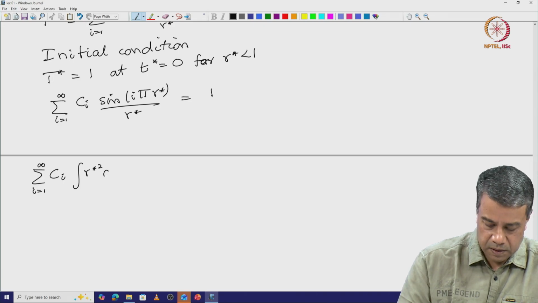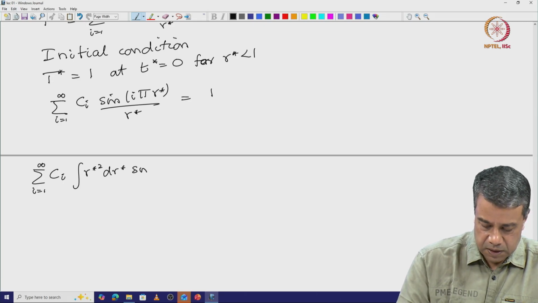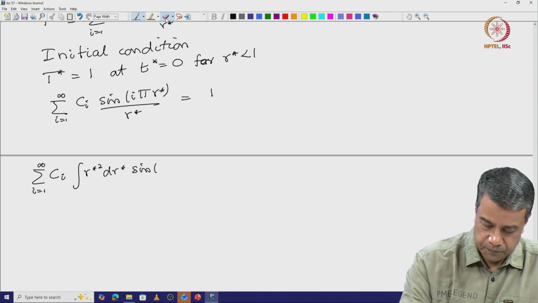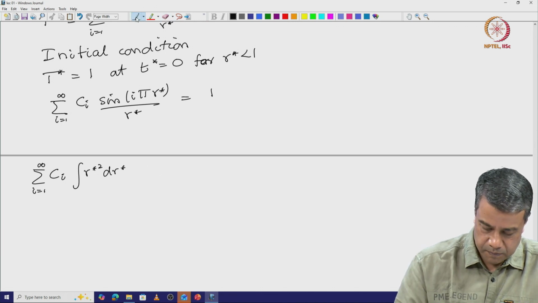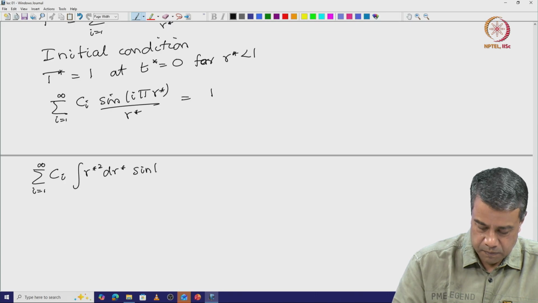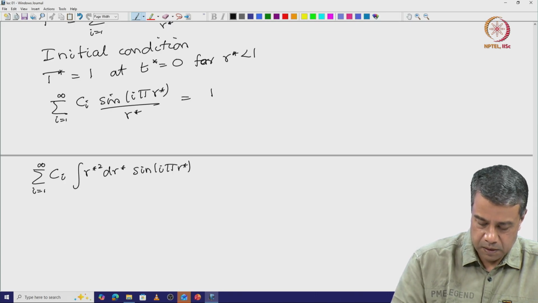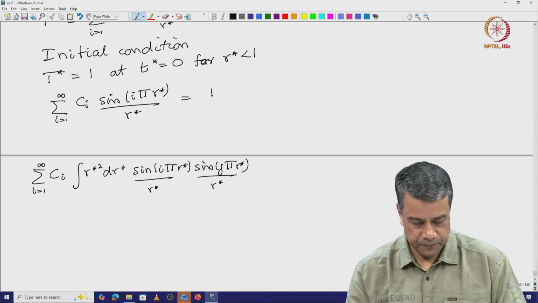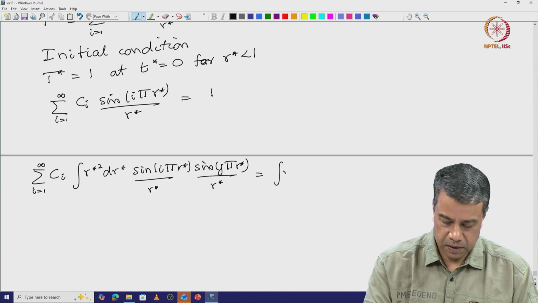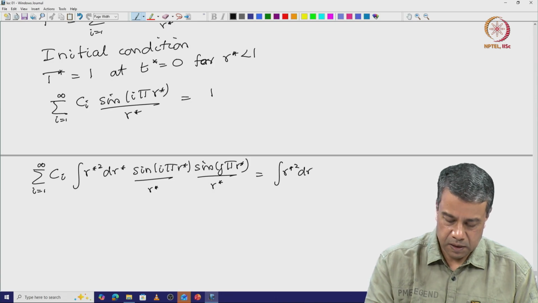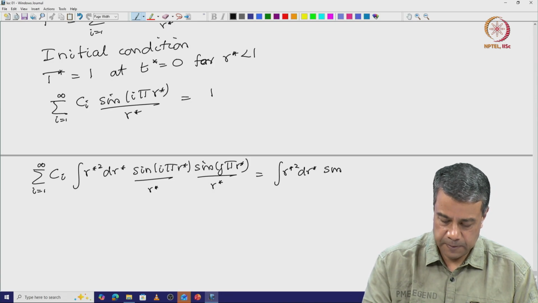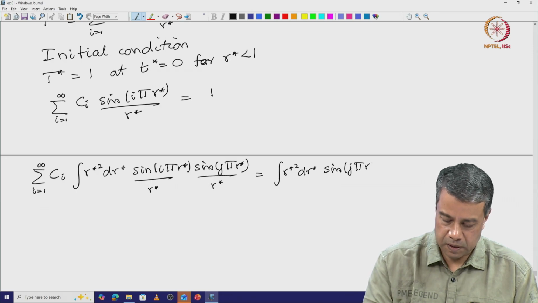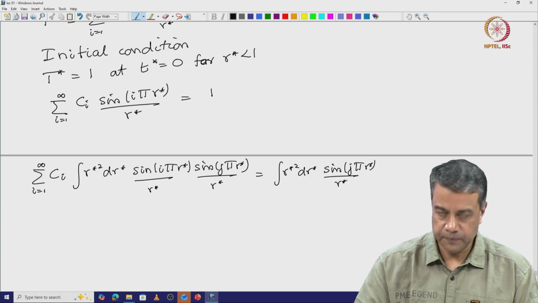r square dr sine i pi r sine j pi r, each one divided by r, is equal to integral r square dr sine j pi r by r.